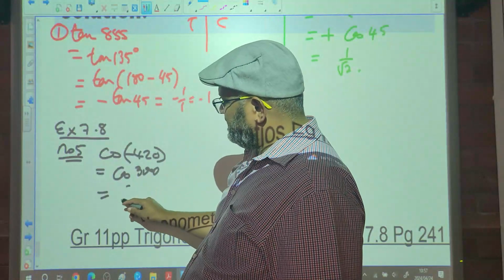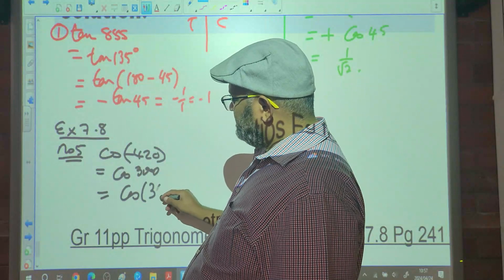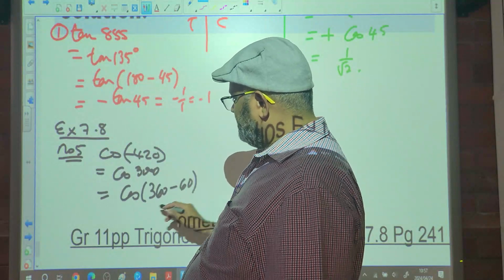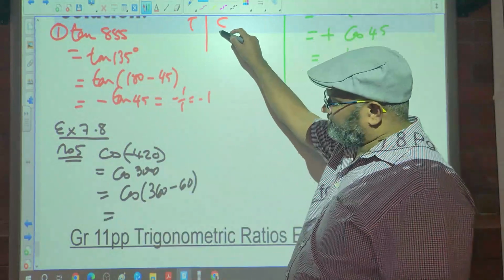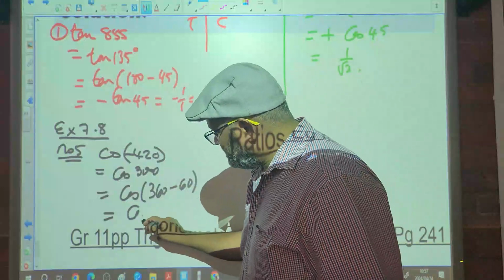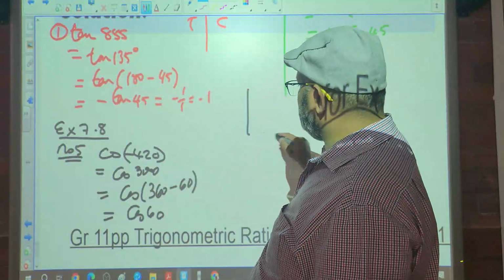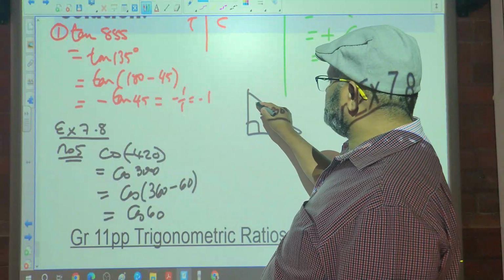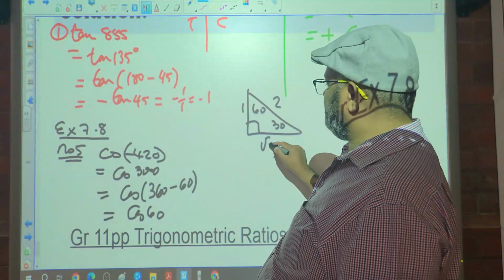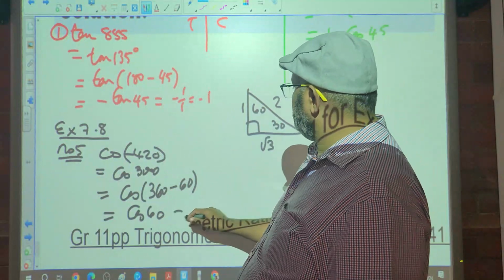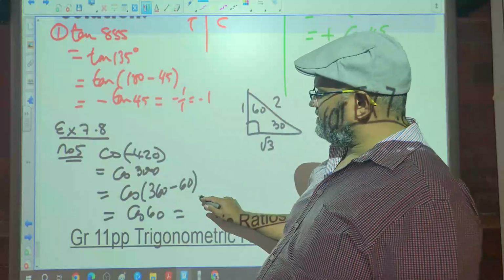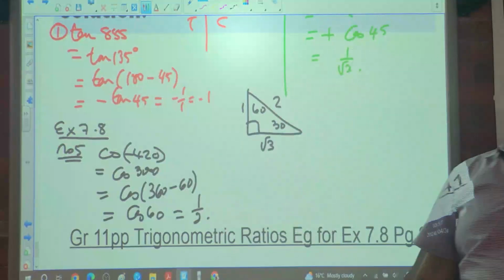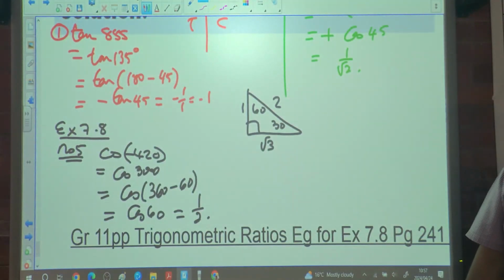Fourth quadrant. So what do I say? Cos of 360 minus 60. Is cos positive or negative in the fourth quadrant? Positive. Cos 60. That takes you to the special triangle 30, 60, with sides 1, 2, root 3. Cos of 60, adjacent over hypotenuse, is 1 over 2. Where did you go wrong?